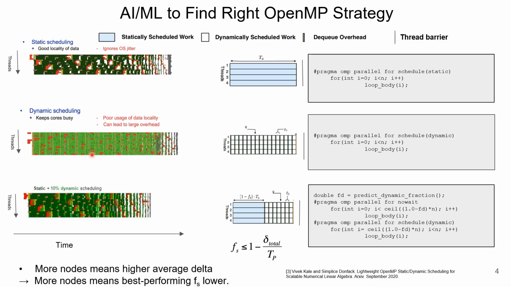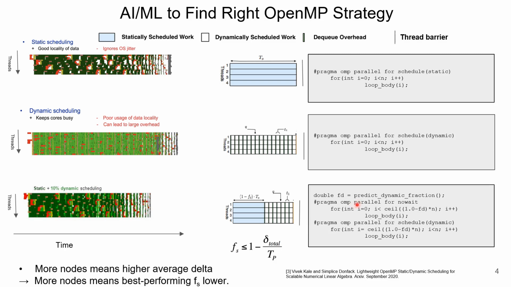And this doesn't have many white spots, but has a lot of red spots showing dequeue overhead. A basic improvement over both the static and dynamic scheduling is to use a mixed static-dynamic schedule via this new OpenMP schedule shown here.